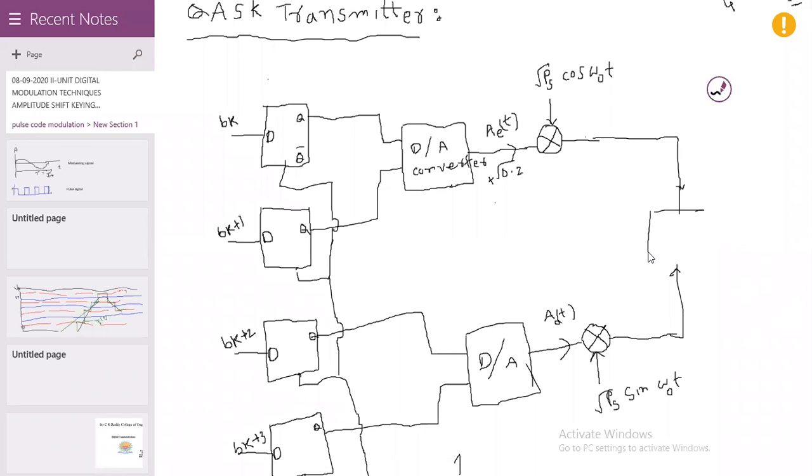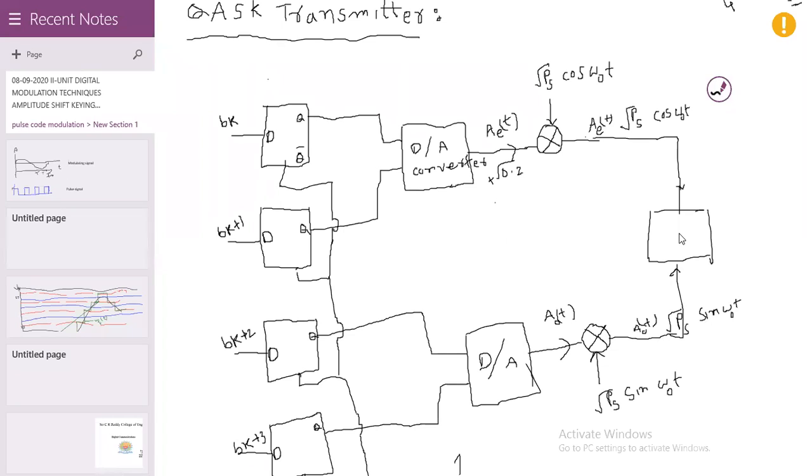Generally balanced modulators are used instead of multipliers. The output is AE of T root of PS cos omega naught T. In a similar way, A naught of T root of PS sin omega naught T.